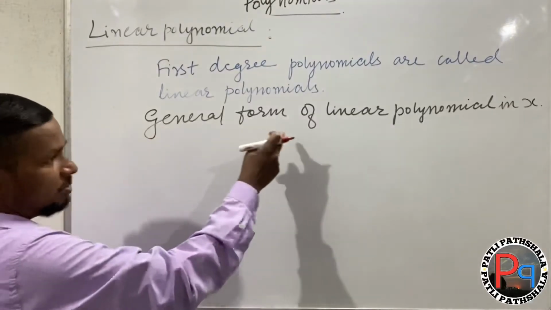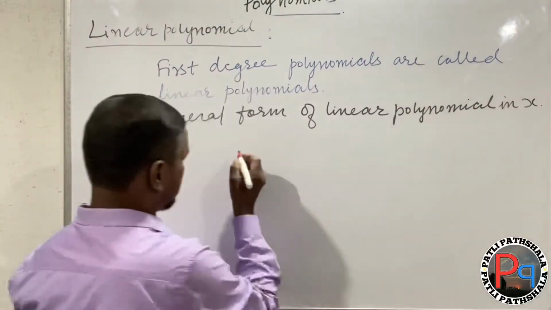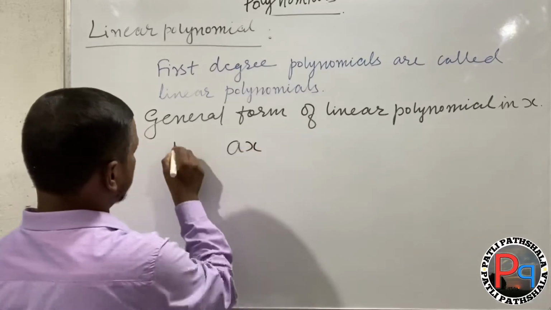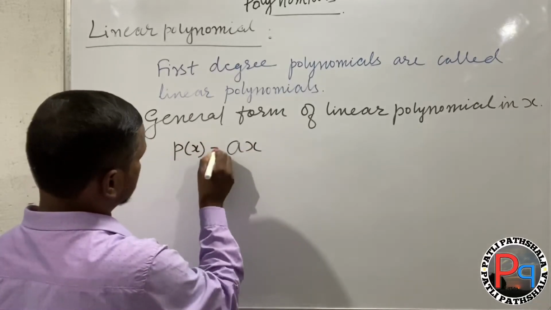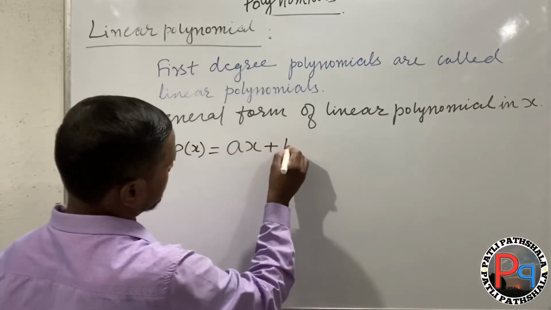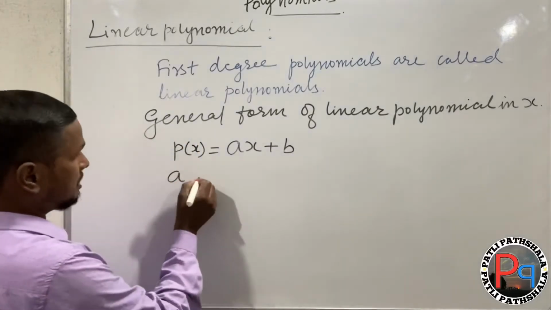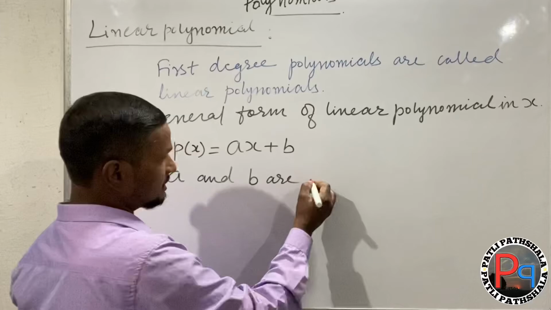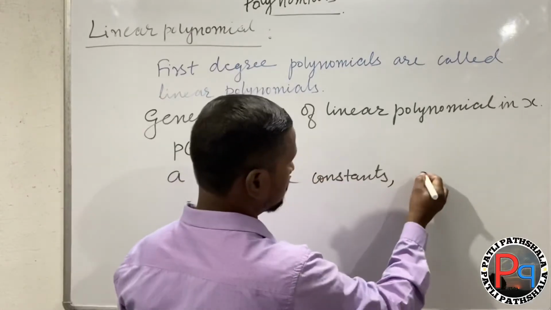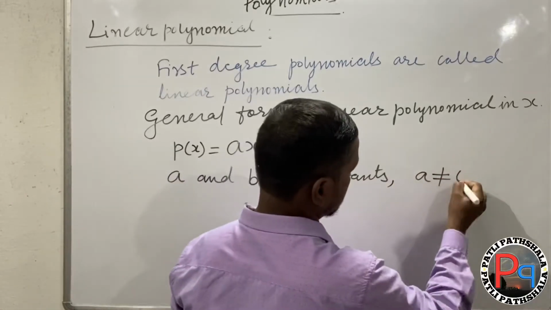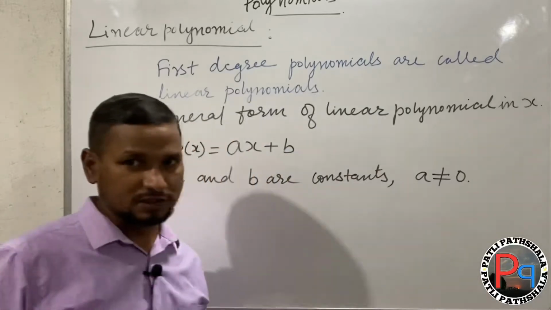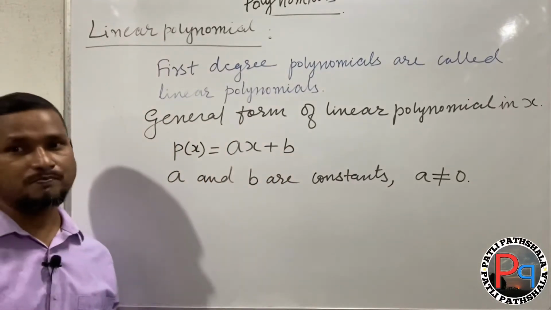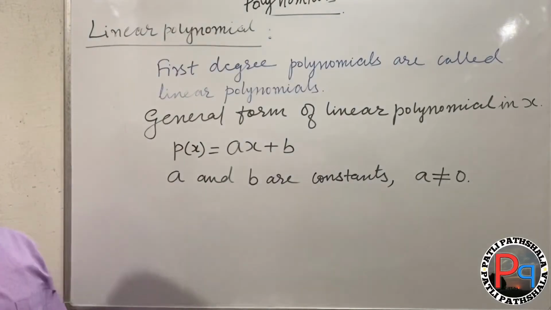So the general form of a linear polynomial in x is written as p(x) is equal to ax plus b, where a and b are constants and a is not equal to 0. If a were 0, this polynomial would be converted into a constant polynomial.